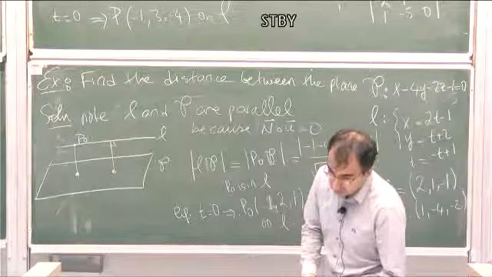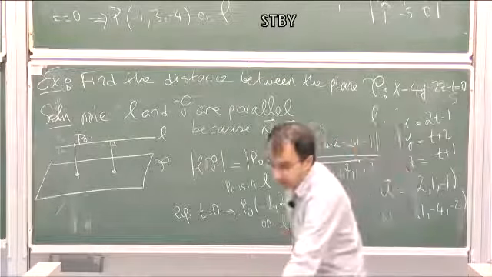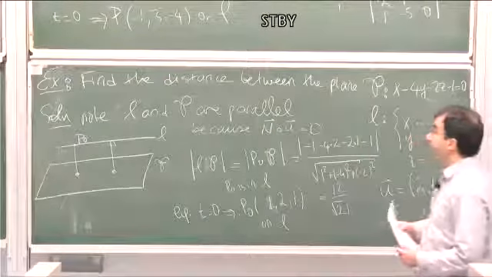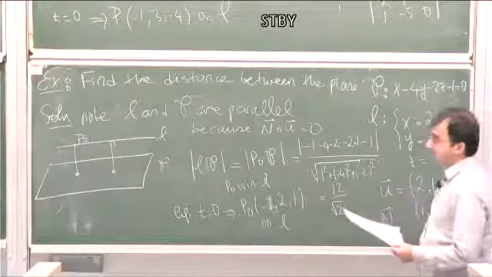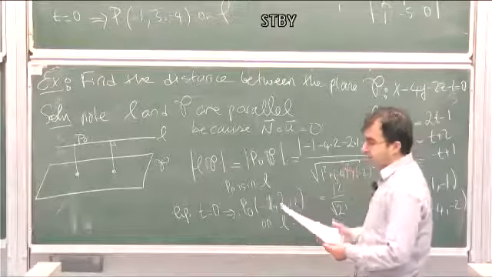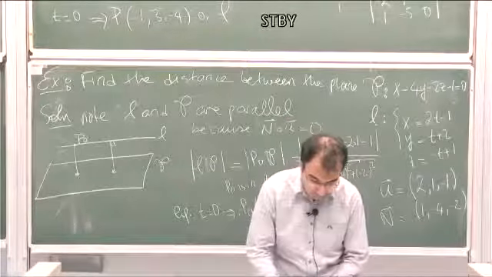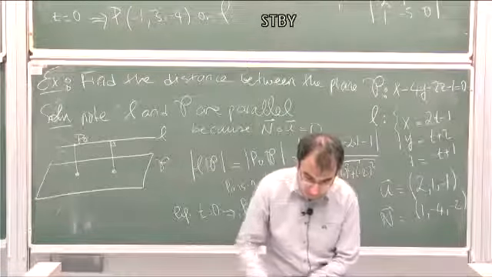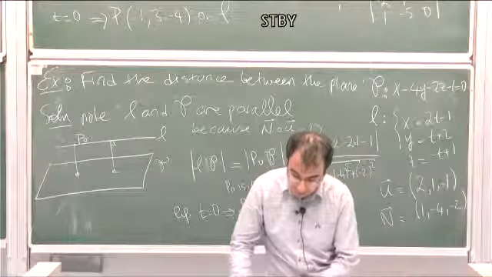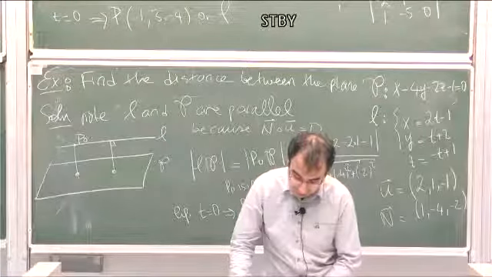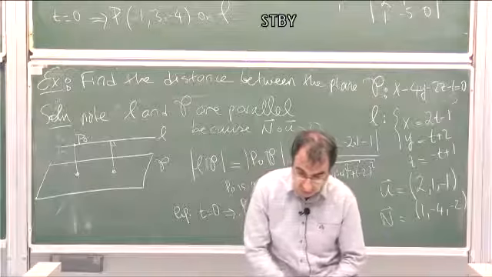Okay, so this is an example for finding the distance between a plane and a parallel line. All come to this formula, the formula from a point to a line. Well, these are how we find distances from a point to a plane and line.